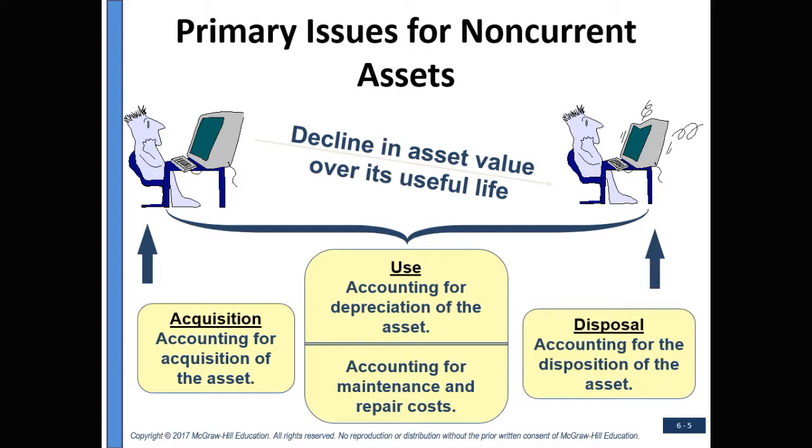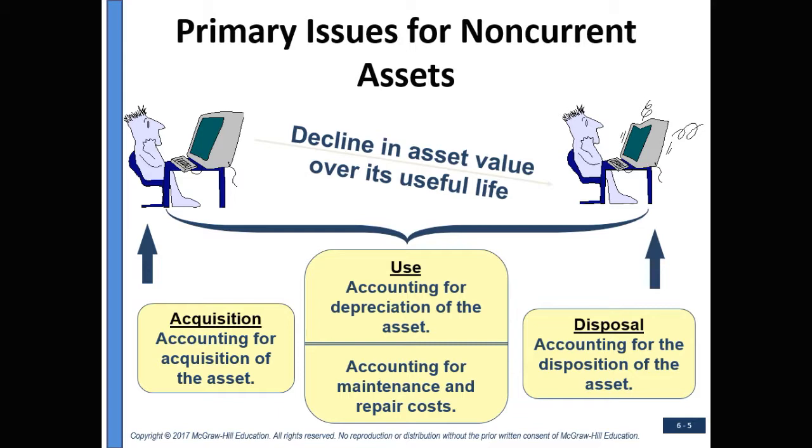While we have it and we're using it, though, there are going to be some things that have to happen most often. And that's going to be maintenance, basic repairs, and what do we do with those costs? And then eventually, because assets generally are going to have some limited lifespan, what do we do at the end? How do we get rid of it? How do we account for it when we get rid of it? And what are the effects of that on the financial statements?